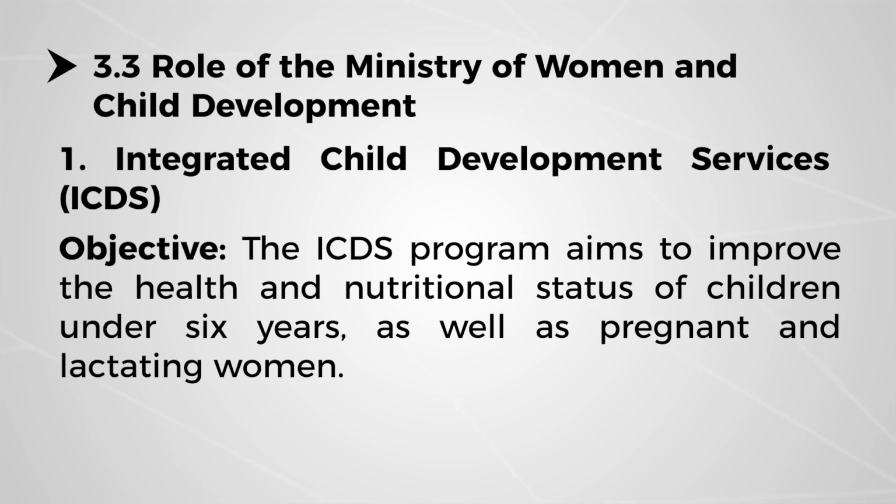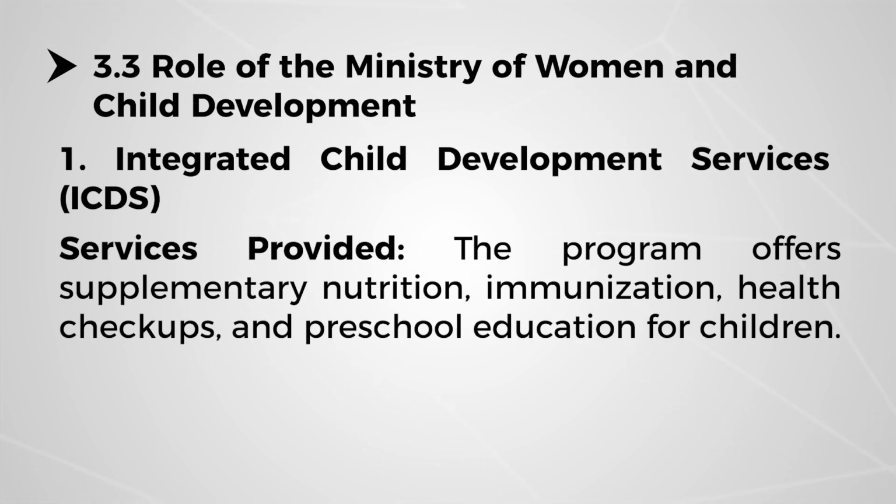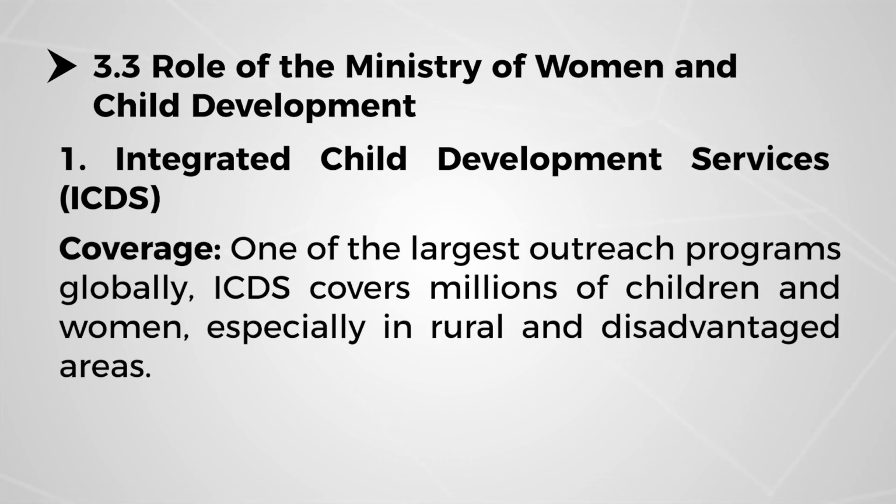That is, after the pregnancy, how they have to take care of nutrition. The program offers supplementary nutrition, immunization, health checkups and preschool education for children. One of the largest outreach programs globally, ICDS covers millions of children and women, especially in rural and disadvantaged areas.